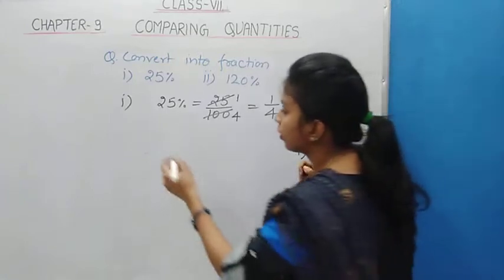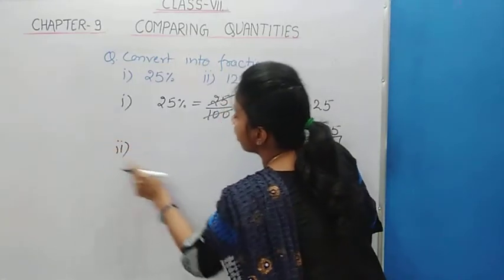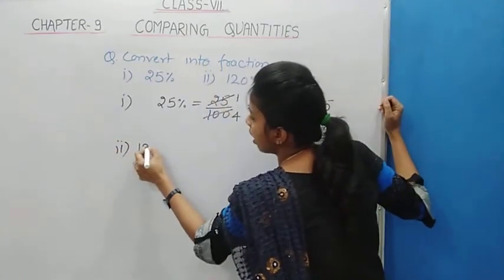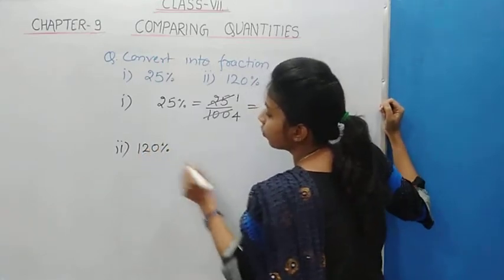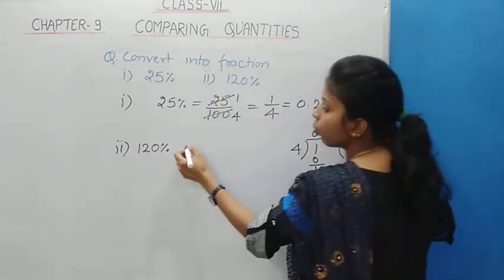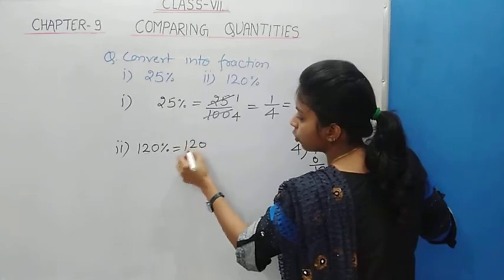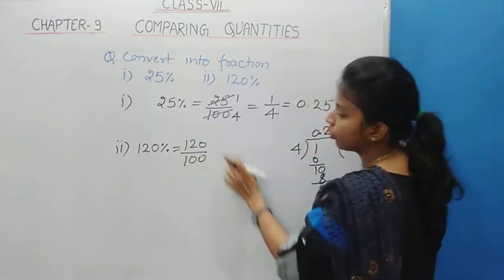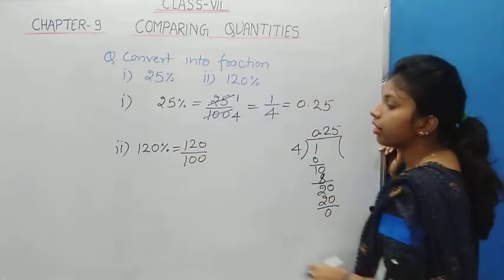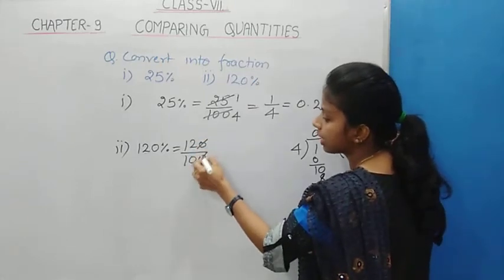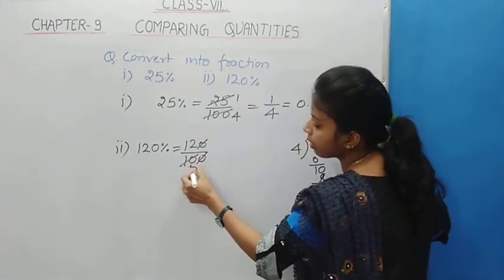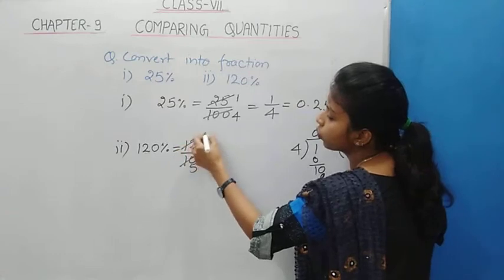Let's see the second part of the same question. It is 120%. 120% means 120 out of 100. Now let's simplify. 0 will cancel with 0. 2 fives are 10 and 2 sixes are 12.